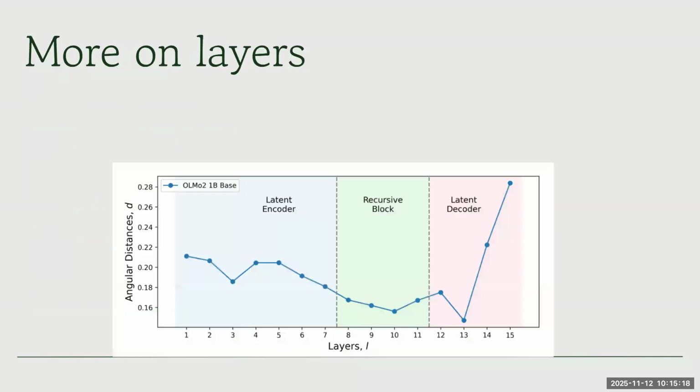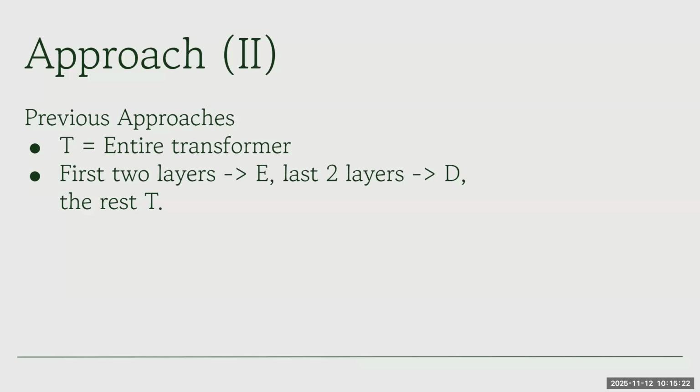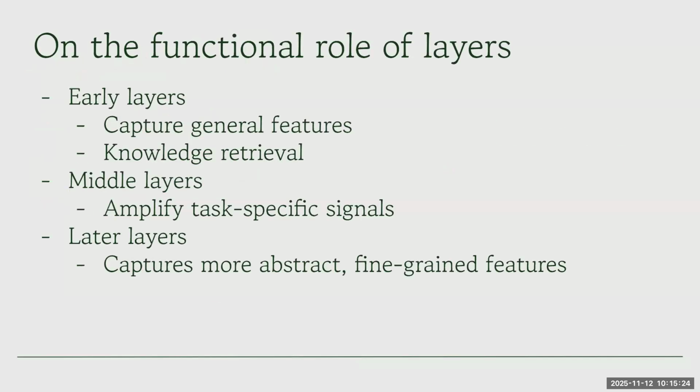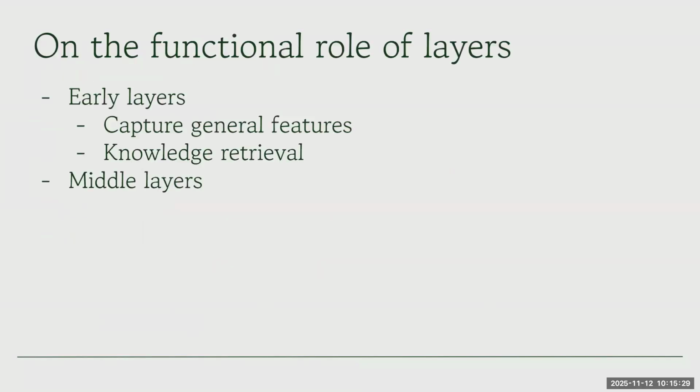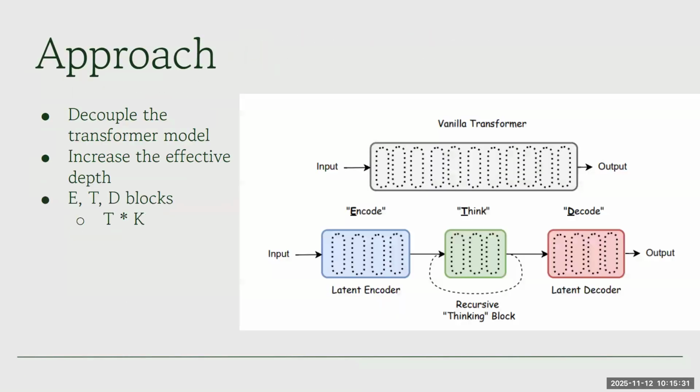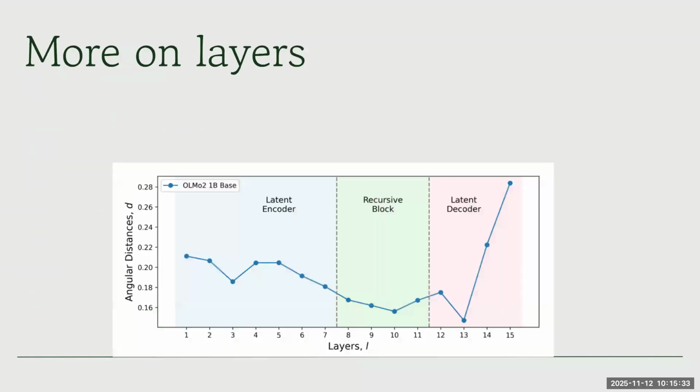And what this paper decided to do was, again, leverage Gromov et al. They basically realized that if you take the token representation in different layers, they have different angular distances.